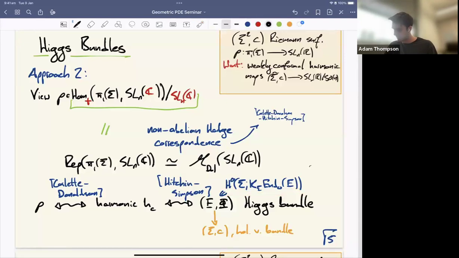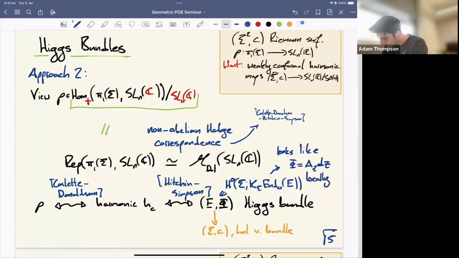But all this means is that it's a matrix valued one form that, when I write it in terms of complex coordinates, has only dz. So it looks like phi equals some matrix, depending on z, times dz, locally. And there's a holomorphicity condition.